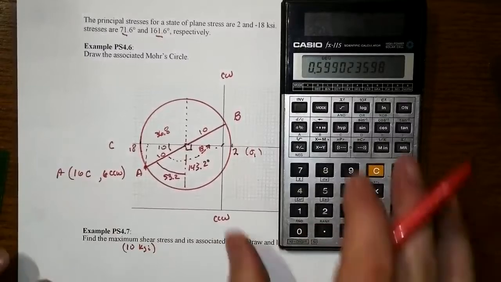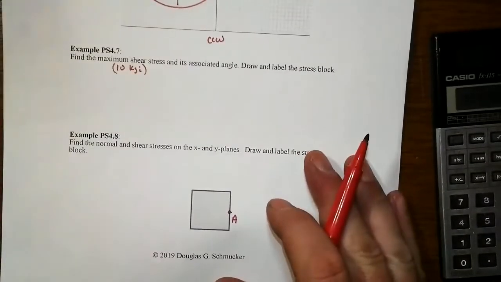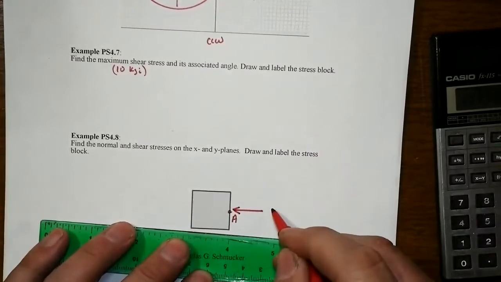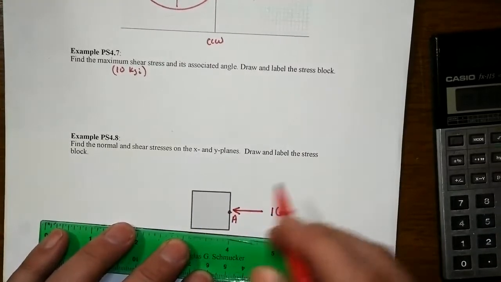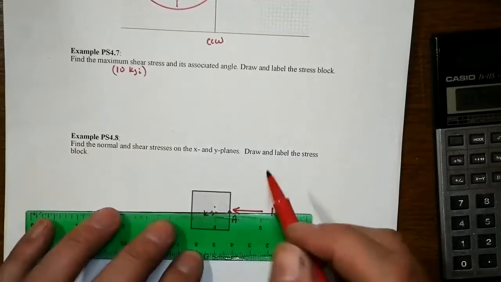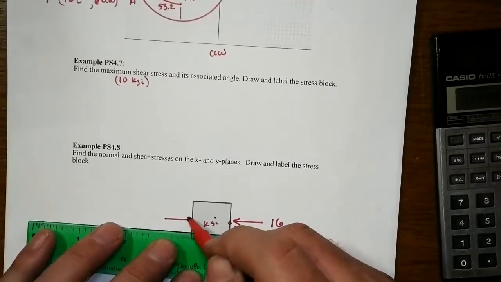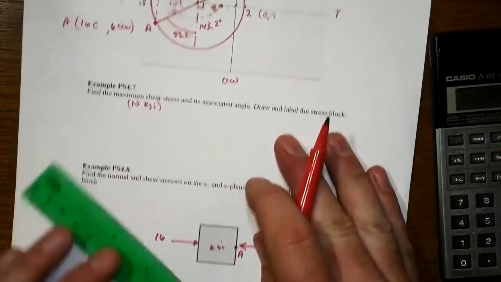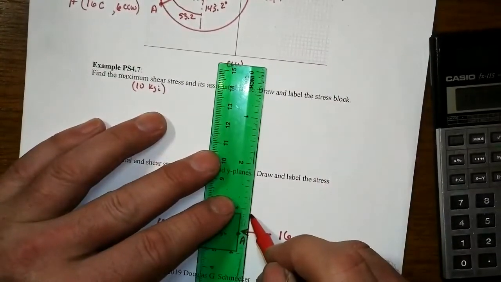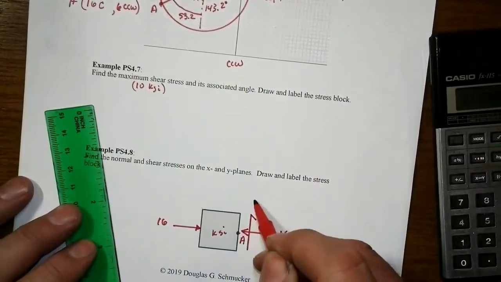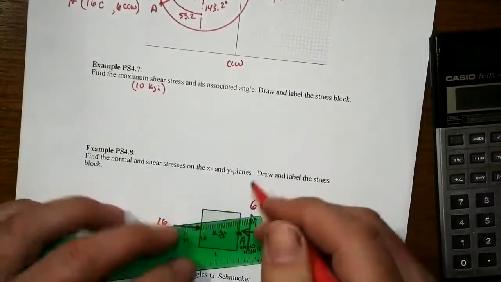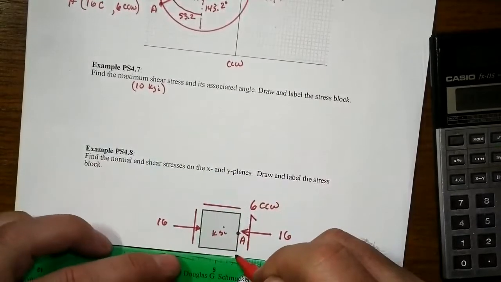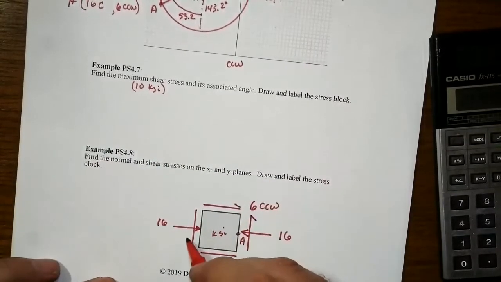There's your point A. Coming down here, we have 16 compression, all in KSI, so 16 on this side also, and 6 counterclockwise shear, which immediately establishes all the other shear stresses because they must pinch together at the corners.